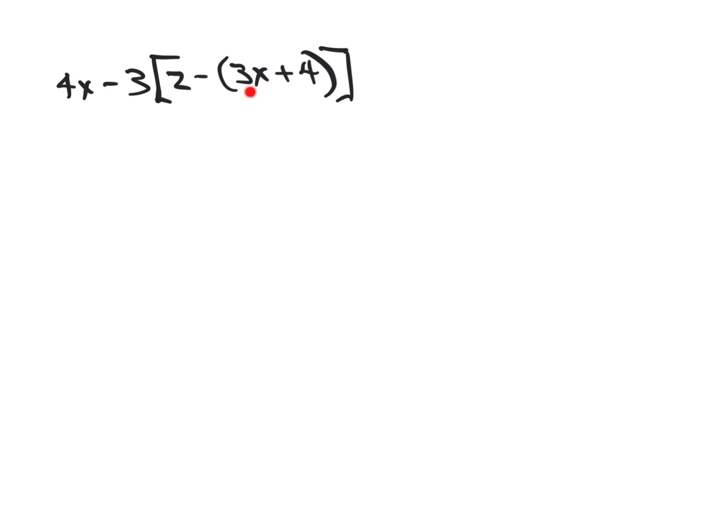So if we look in here, can I do anything with 3x plus 4? I cannot. So then I leave the parentheses and I have the minus sign here. So let's see what we've got. We're going to leave the 4x minus 3 alone. We're going to put our brace here, and then we have 2, and then we have a minus 3x plus 4. So remember, that is like a minus 1, so we're going to distribute that here and here.